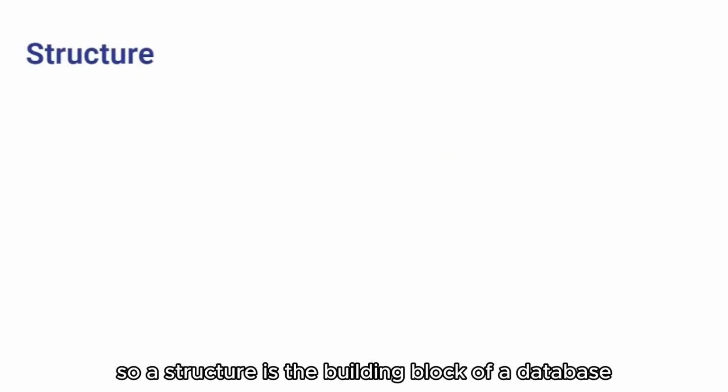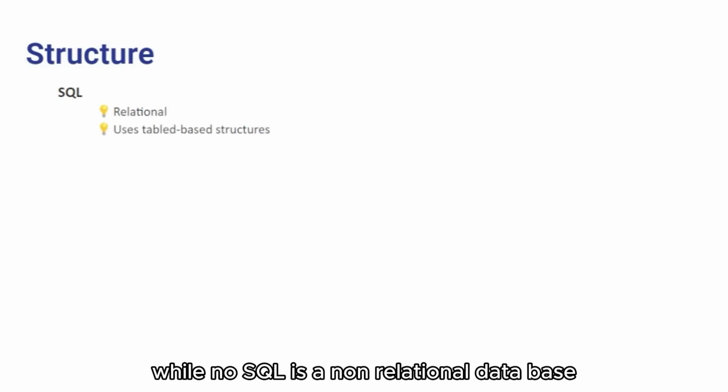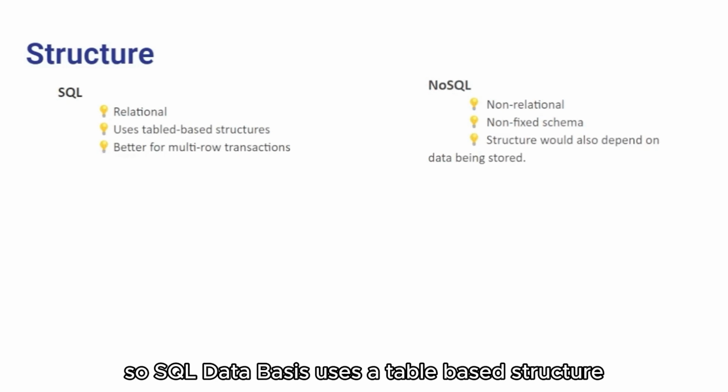Next is the structure. So a structure is the building block of a database. Within a database, related data are grouped into tables, which consist of rows and columns, like a spreadsheet. So in terms of structure, SQL is a relational database, while NoSQL is a non-relational database. So SQL databases use a table-based structure.